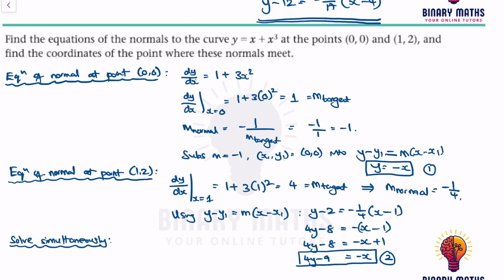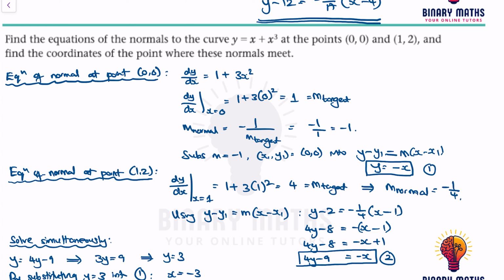So I get y is equal to 4y take away 9, which implies 3y is equal to 9, which implies y is equal to 3. If y is equal to 3, by substituting y equals 3 into equation 1, I get x is equal to negative 3.